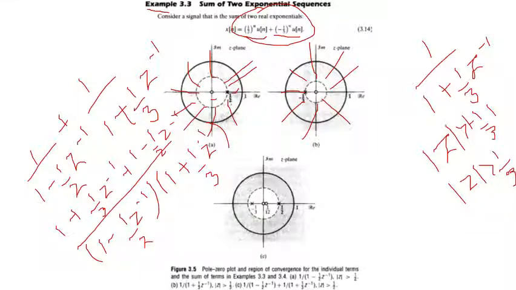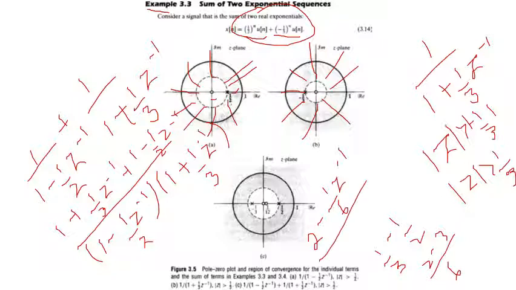So 1 and 1 will become 2, and then for 1 by 3 minus 1 by 2, the LCM will be 6, 2 minus 3, this will be minus 1 by 6. Okay, so 2 minus 1 by 6 z inverse divided by 1 minus 1 by 2 z inverse, 1 plus 1 by 3 z inverse.